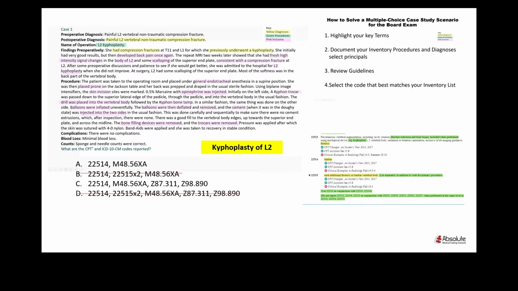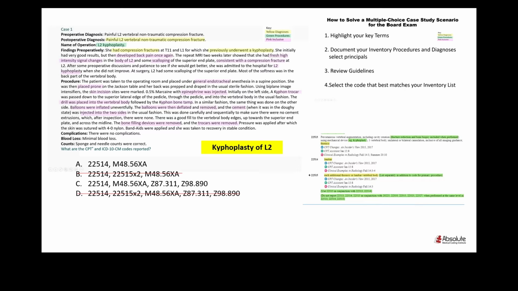And also option B and D are coding for 22515 as well. So 22515 is for each additional thoracic or lumbar vertebral body. So how many vertebral bodies were treated over here? Exactly. We had only one vertebral body that was treated. The patient had a compression fracture at T11 and L1 in the past, and that was also treated using a kyphoplasty procedure.